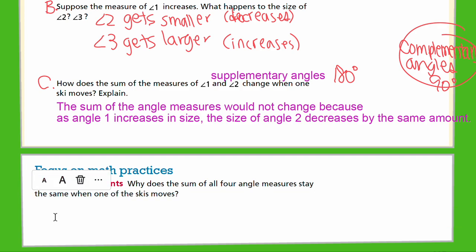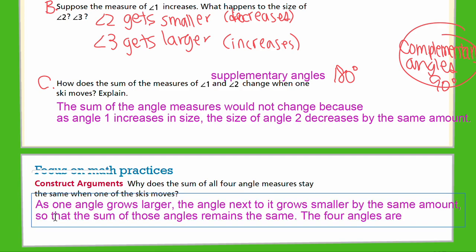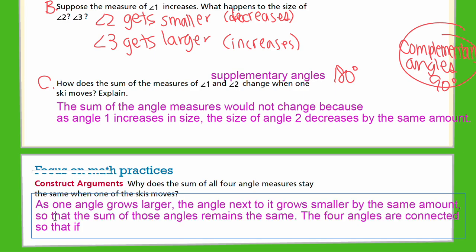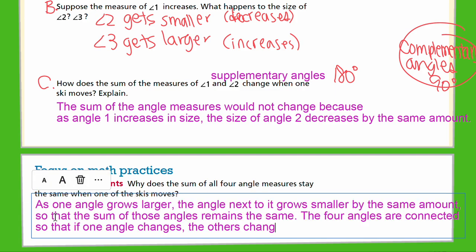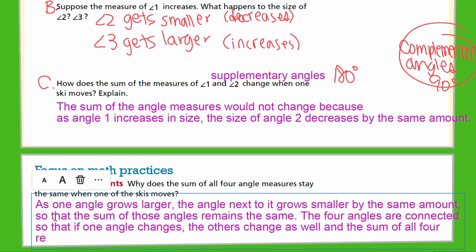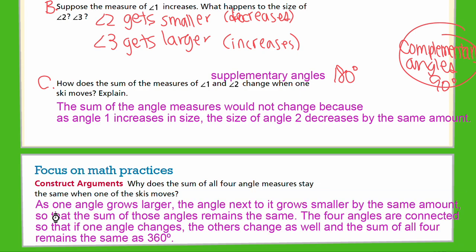The four angles are connected so that if one angle changes, the others change as well, and the sum of all four remains the same at 360 degrees. Okay, so that was an intro to angle relationships.